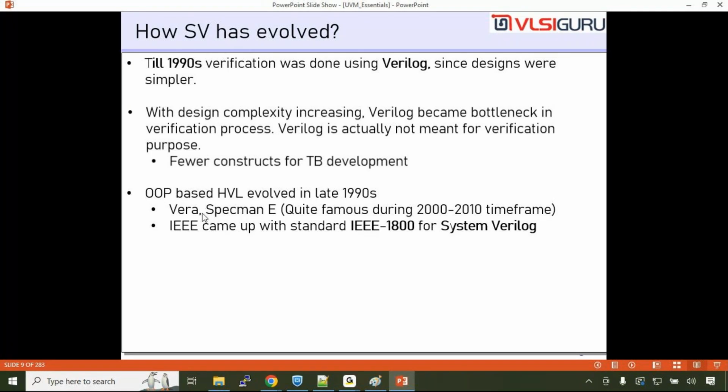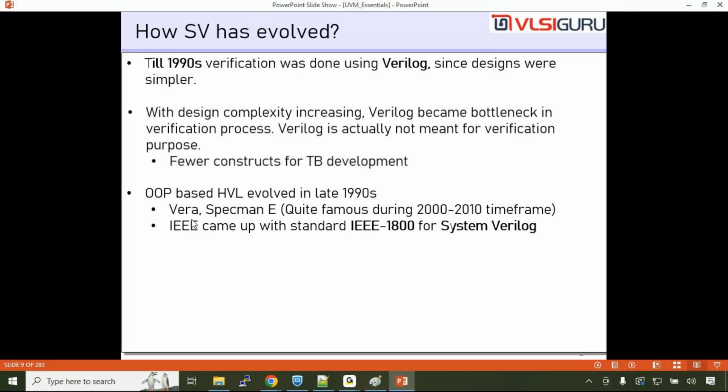That is where a few new languages came. Those languages are Vera and Specman. These were quite famous between 2000 and 2010. If you go around that time frame, you will see people were using Vera language instead of SV to set up the test bench environment. Specman E, one more language, was also used for test bench development.